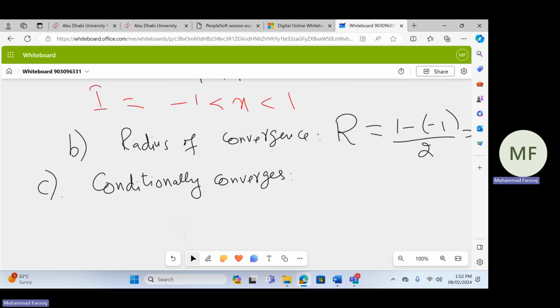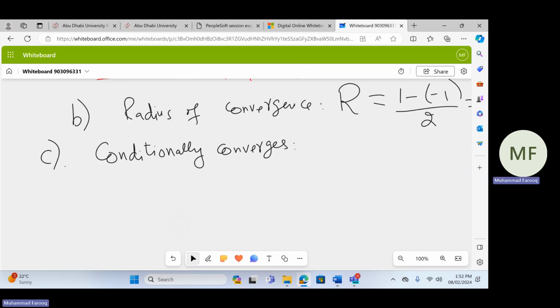Okay, so what's the first point to check? Negative one. So when X is equal to -1, we substitute this point where X is in the question. So go back to the question, please.